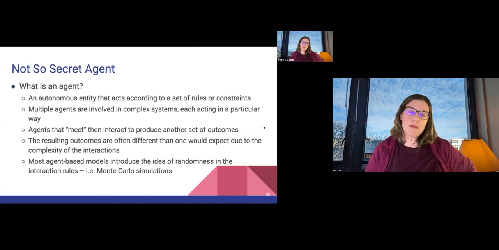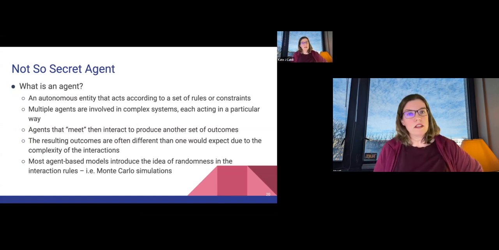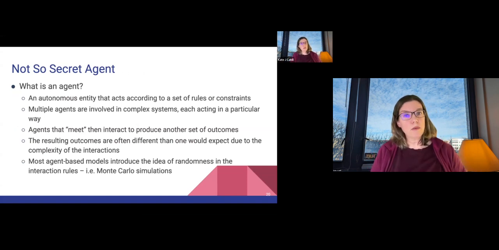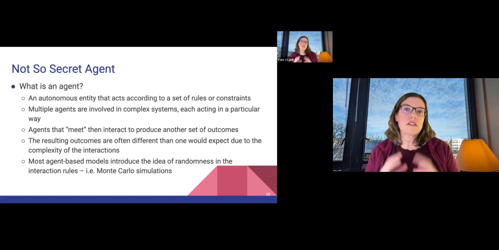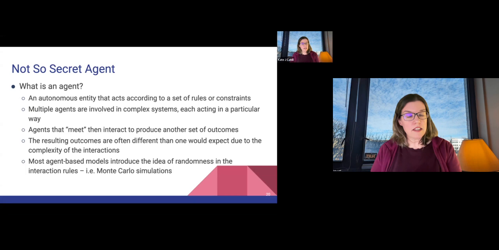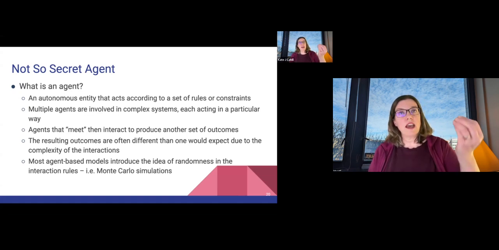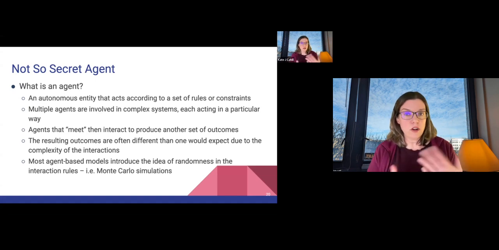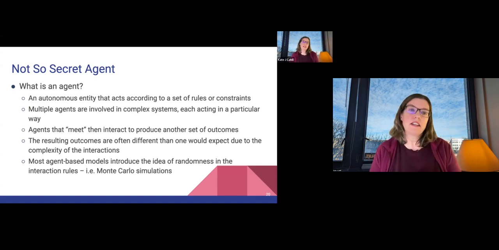So the last type of modeling I wanted to talk about was agent modeling. So this is another way of abstracting a system into a set of rules that you can implement on a computer. An agent in this model is an autonomous entity that acts according to a set of rules or constraints. And so you have to define what that agent is and how it's going to act, and what happens when agents interact.